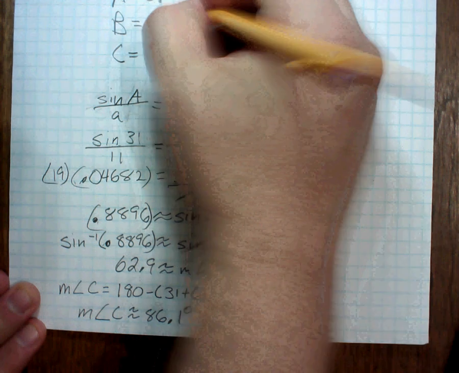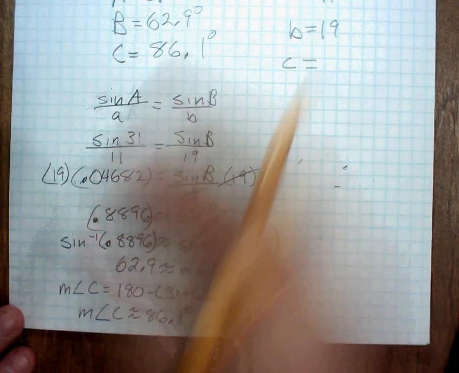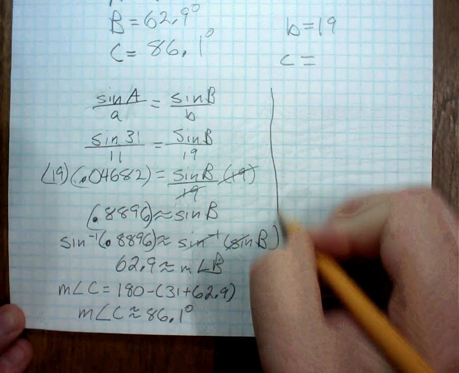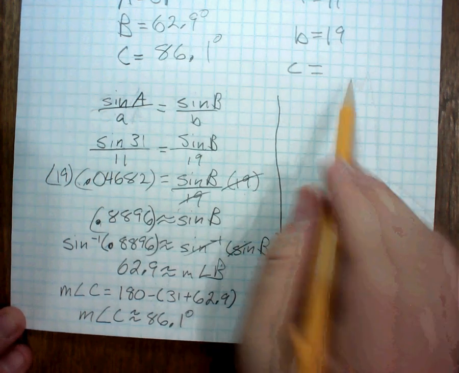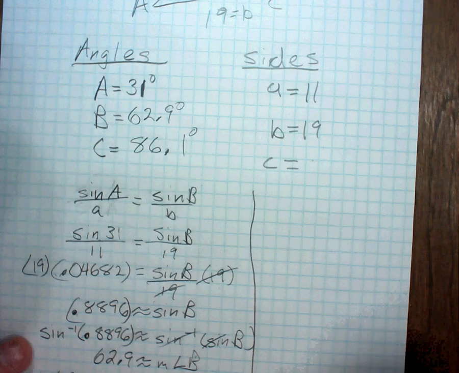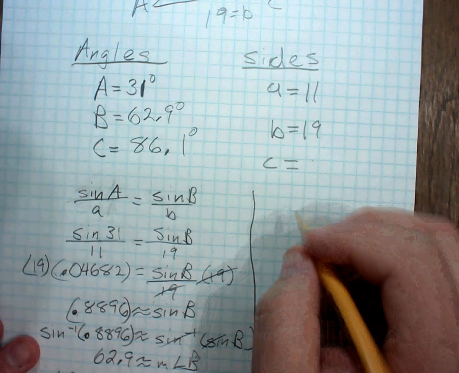Alright. So now that I've got the measure for angle C, I can use the law of sines to solve for this last piece, which is lowercase c. So I'm going to need to do the law of sines.